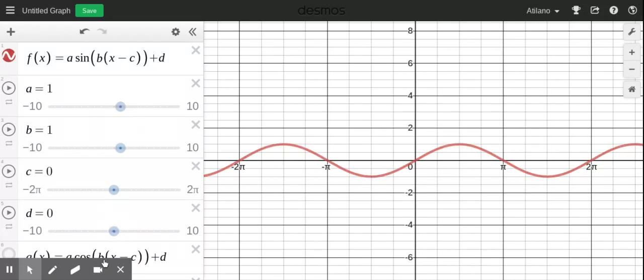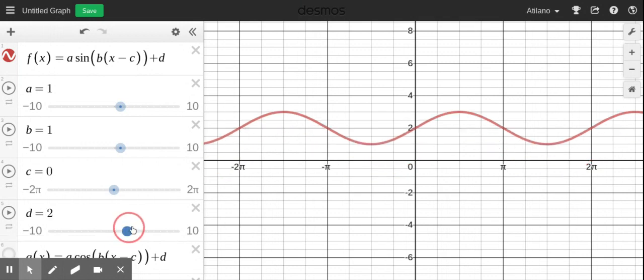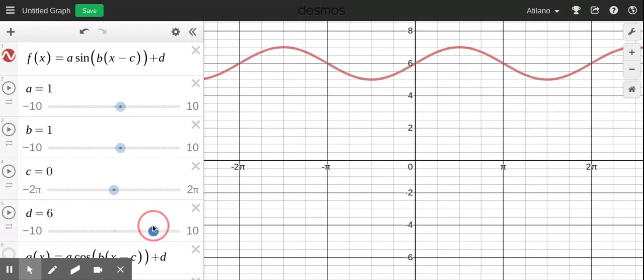Right here in the middle of the graph, in this case, it's the x-axis. That's the midline. But if I make D a positive number, notice it's taking the whole graph and moving it up, midline included. So instead of the middle of the graph being at y equals 0, it's now at y equals 6, which is that movement right there.